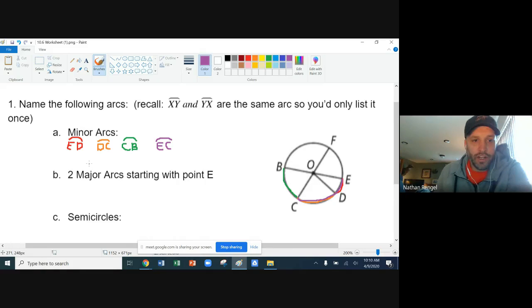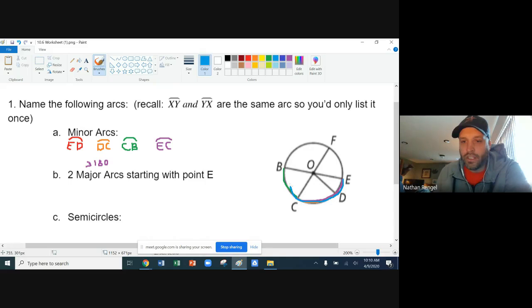Major arcs, anything greater than 180 degrees would be considered a major arc. So we'll just list two, starting with point E. So one of those, starting at point E, I have to make sure I go over 180 degrees, which is more than that half circle. I could start here.